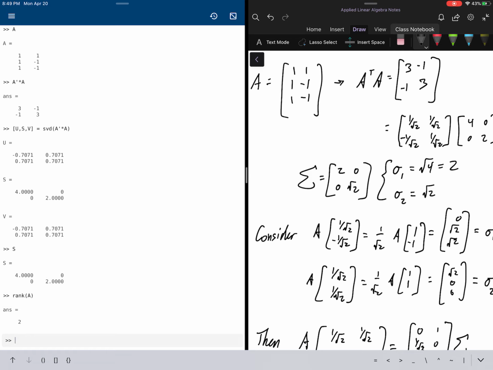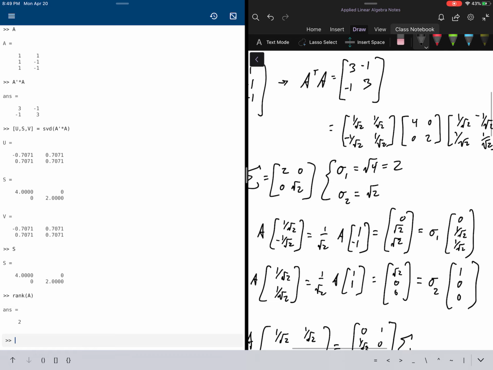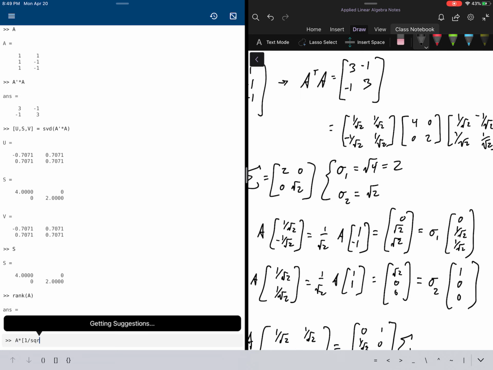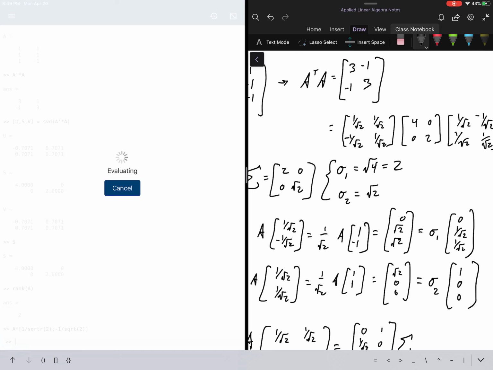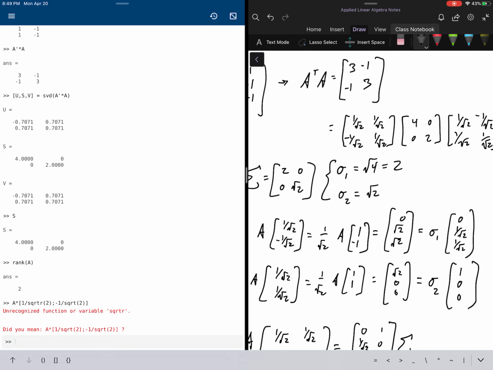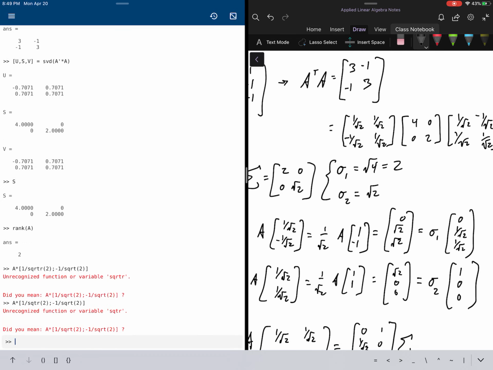So notice what happens here. If I take A and multiply into it 1 over square root 2 by negative 1 over square root 2... Oh, yeah, that means I just wrote it down wrong. Squirt, not squitter.